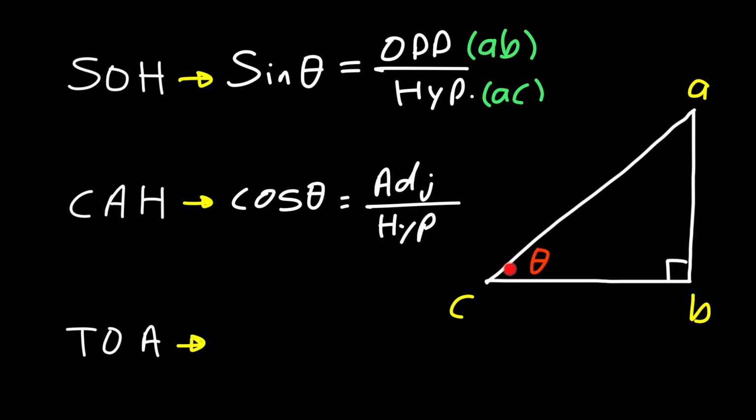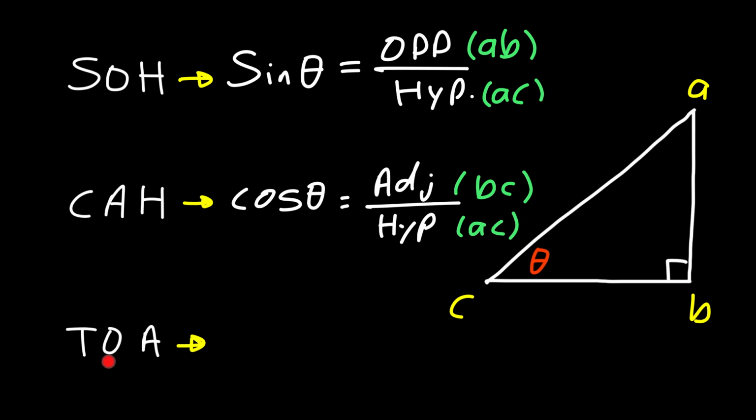Where is the side which is adjacent to me? It will be this side, BC, so I will write BC here. And the hypotenuse, we agreed earlier, is the side opposite to the 90 degree angle, so in this case it is AC.